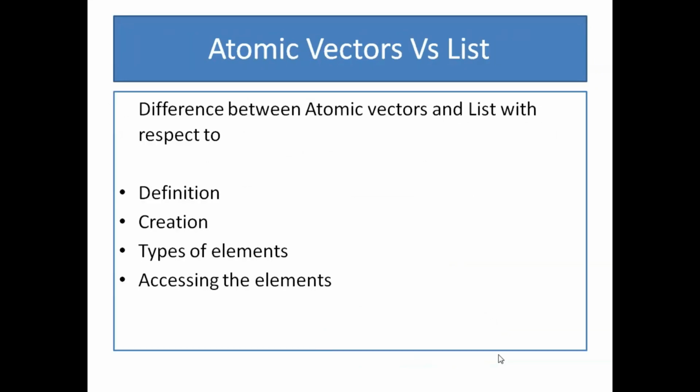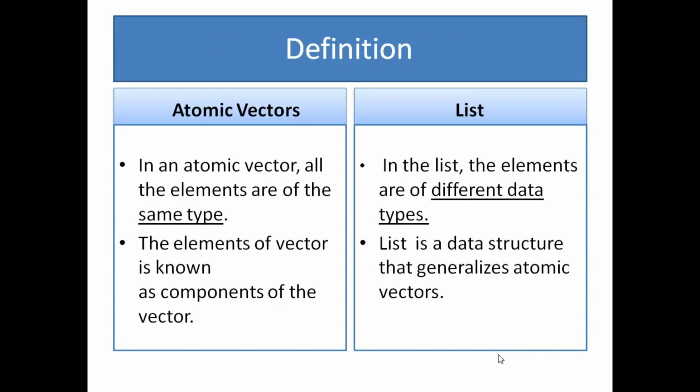Now, what are the differences between atomic vectors and list with respect to their definition, with respect to their creation of elements, with respect to their types of elements, with respect to accessing the elements, we will discuss in the coming slides. Now, with respect to definition.